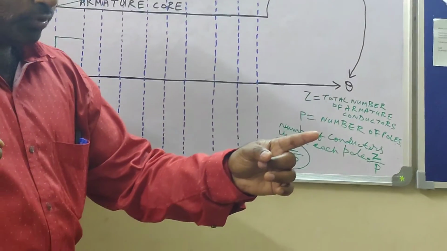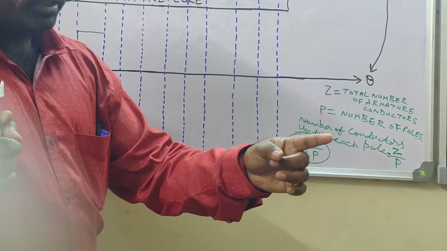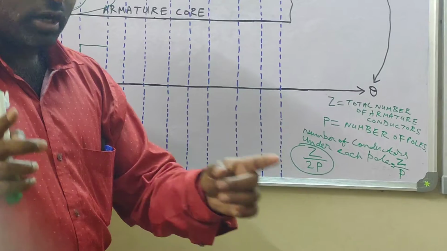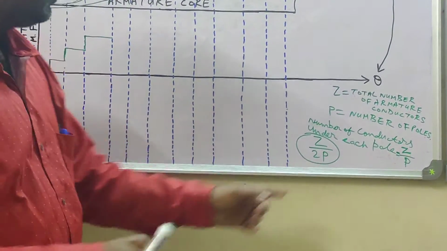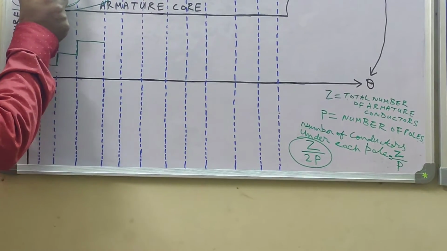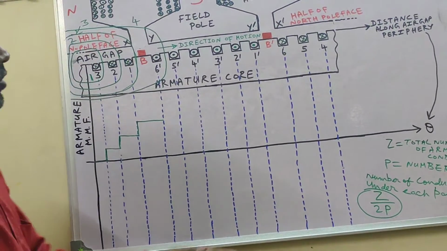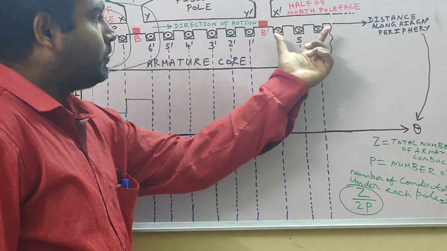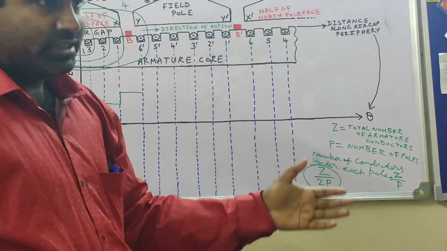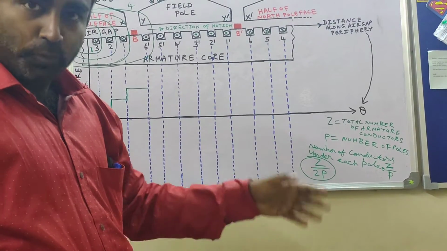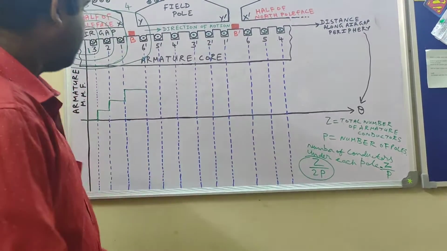So the entire north pole face or the entire south pole face has Z by P conductors. So half of the north pole face will have half of that, that is Z by 2P.